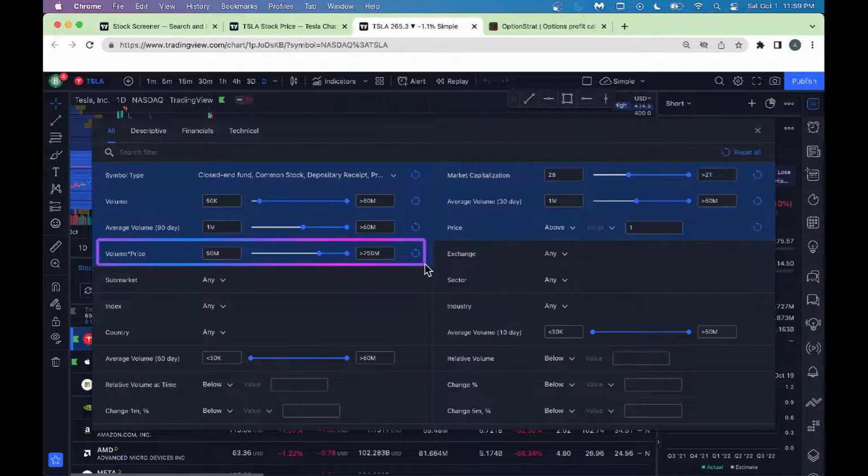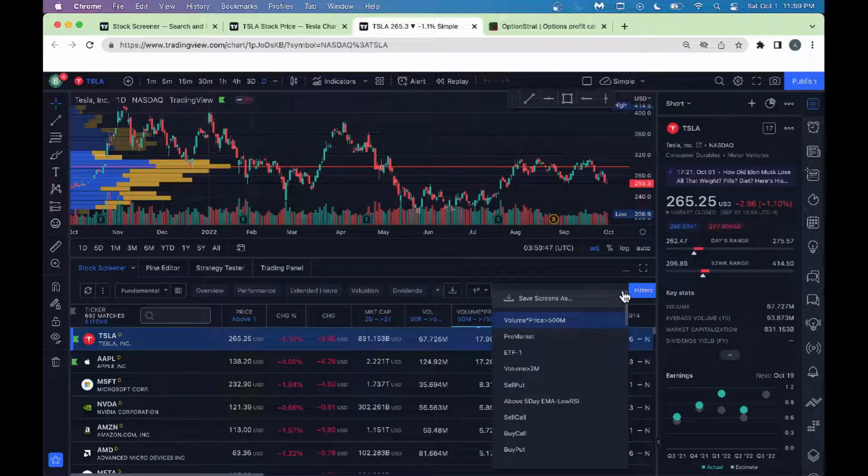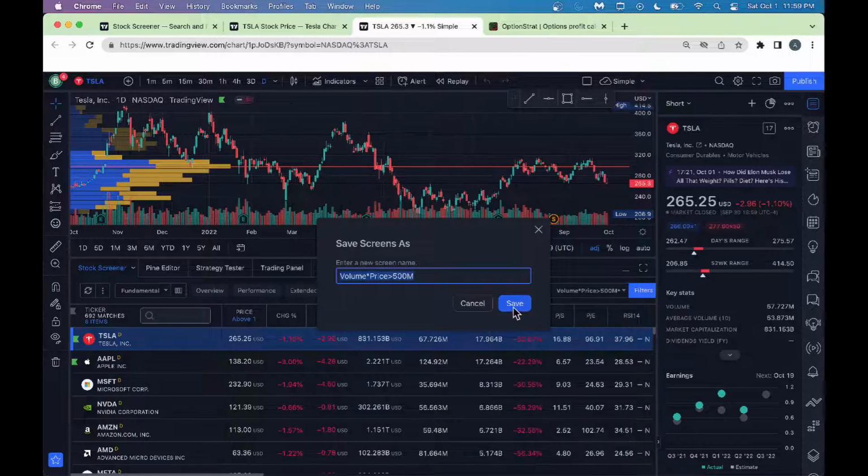We are looking at more than 50 million volume times price. Let's go ahead and save this here and go from there. All right, now look, we got only 692 matches, not a big deal here. You could even make it more restrictive, but let's go with this for now.